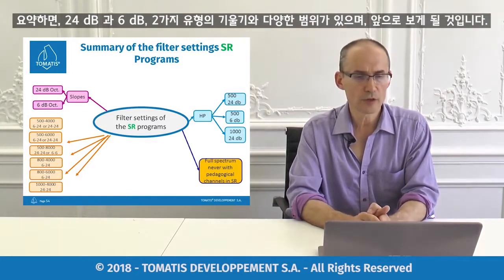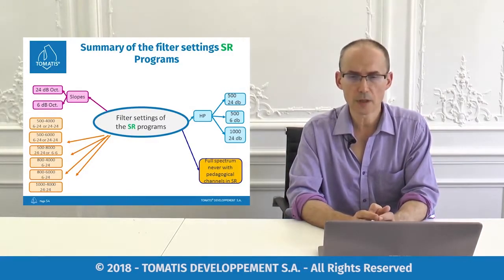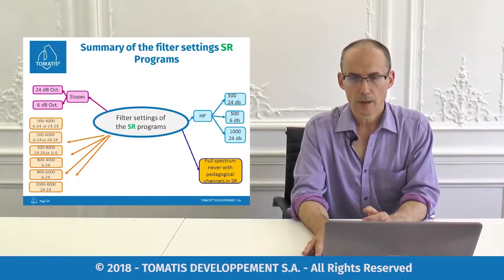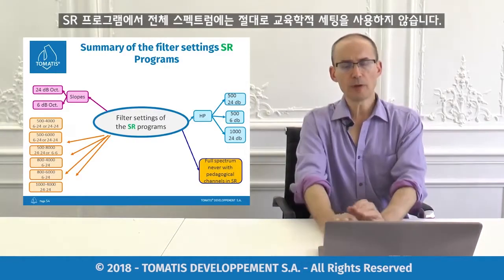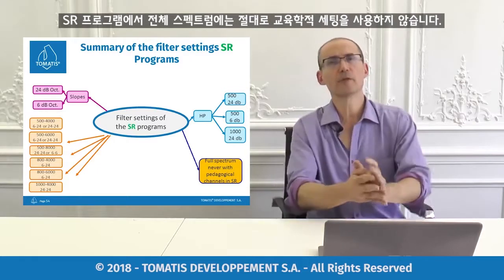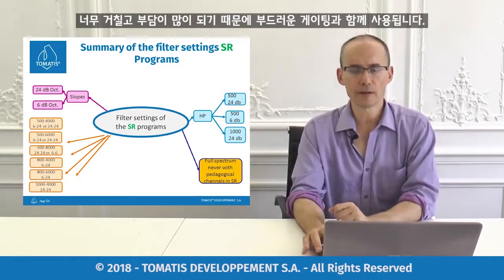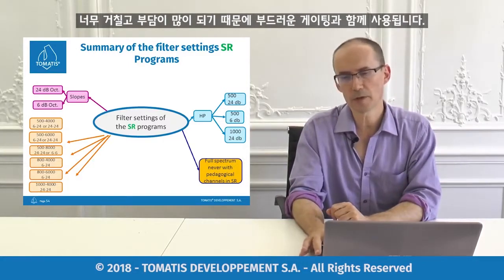You have different ranges, as you're going to see, and you have different HPs, 500, either 24 decibels or 6 decibels, and 1024 decibels. Full spectrum in the SR program is never used with pedagogical settings, never ever. It's a bit too violent, a bit too demanding. So it's going to be used with softer gatings.